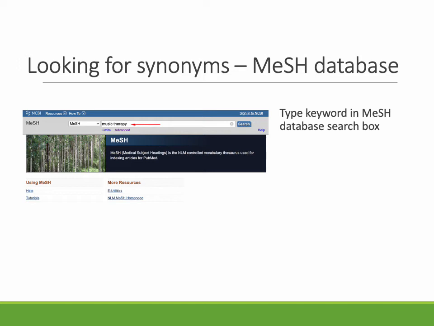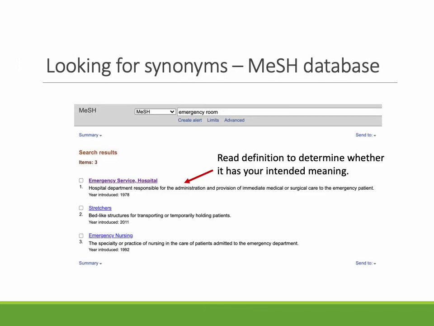So I type it in the search box. And then from here, this time I want to see if I can find some more synonyms for the concept of emergency room. I want to know what are other ways I can say it. So I just put emergency room in the search box, and it brings up a list of results that may match what I'm looking for. So it's really important that I read the definition.